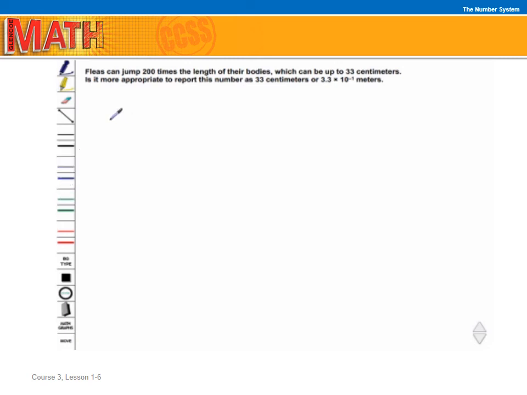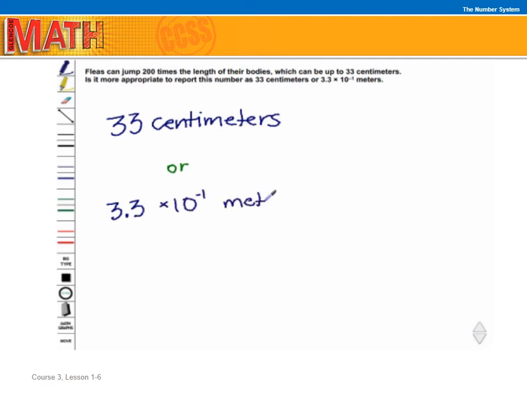Our choices are 33 centimeters, or 3.3 times 10 to the negative first meters.